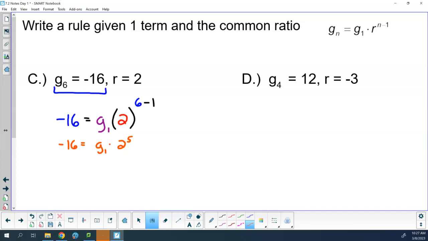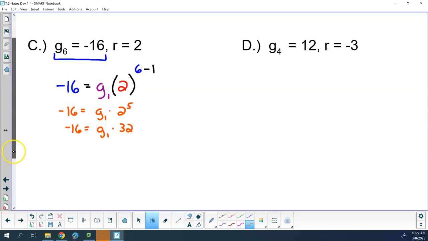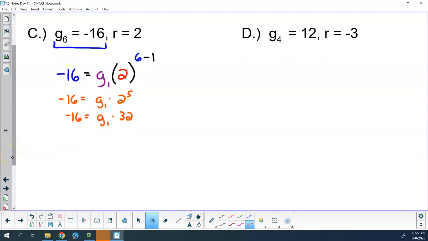2 to the 5th is 32. So this is negative 16 is g sub 1 times 32. How would I solve that for g sub 1? Divide both sides by 32. Negative 16 divided by 32 is negative 1/2.